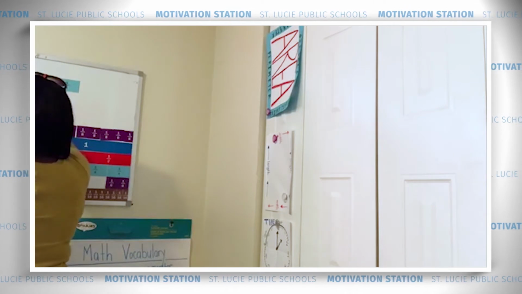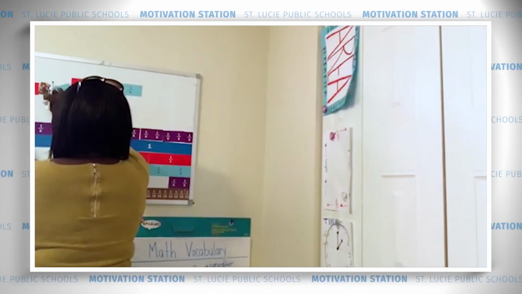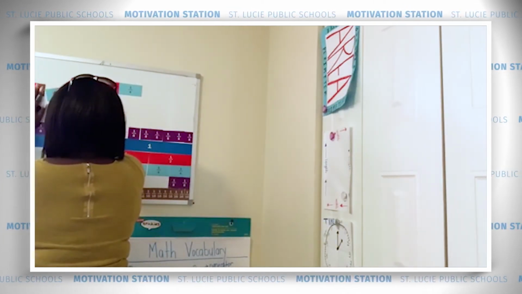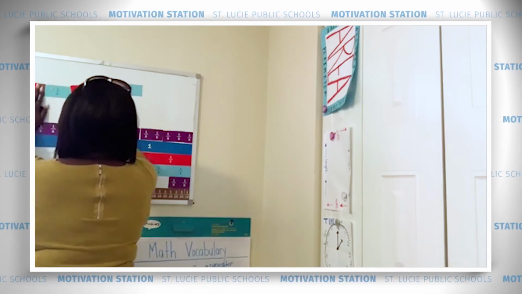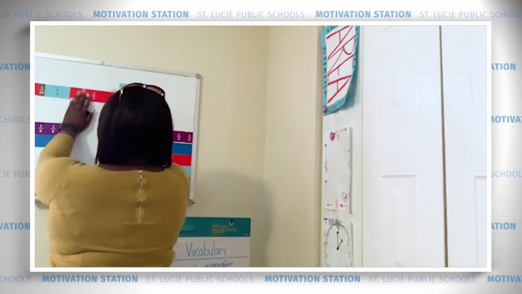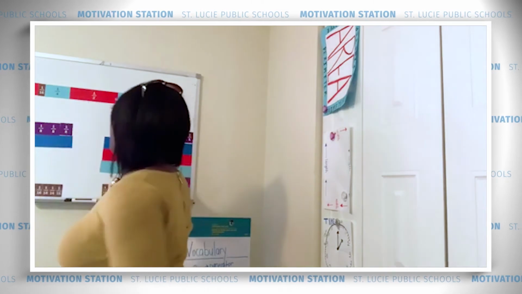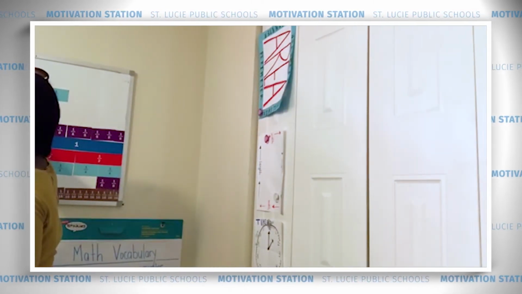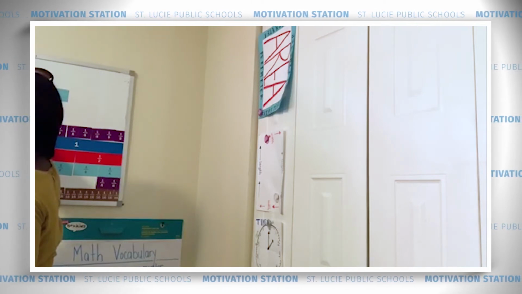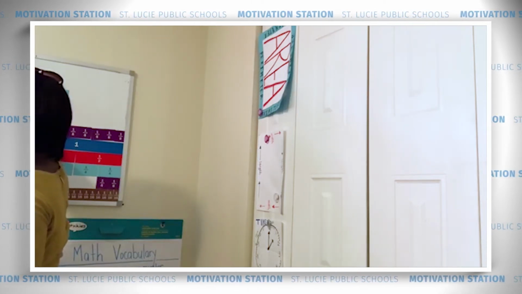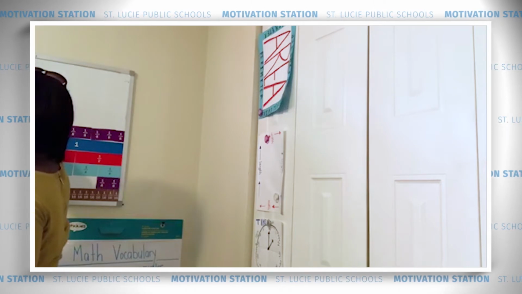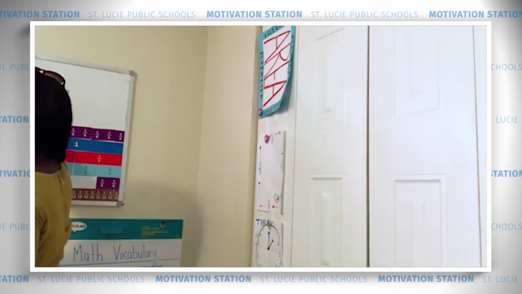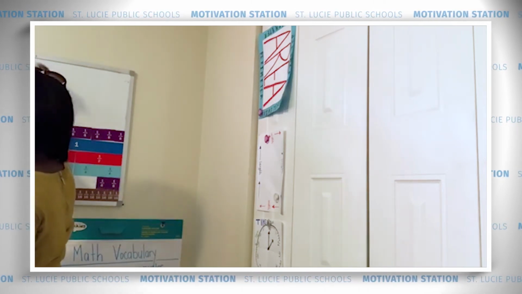Let's drop it down just a little bit. One half plus 1/16 plus 1/4 plus 1/2 plus 1/4 is equivalent to... And we want to find the fraction that it is equivalent to.